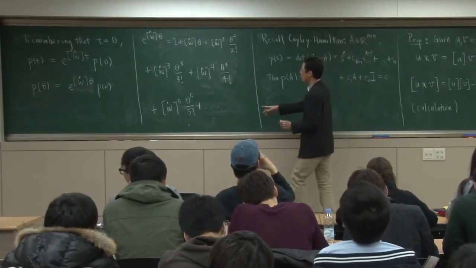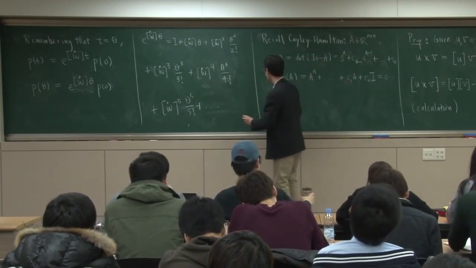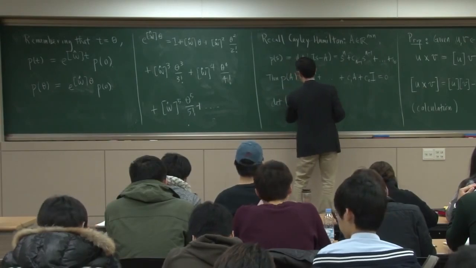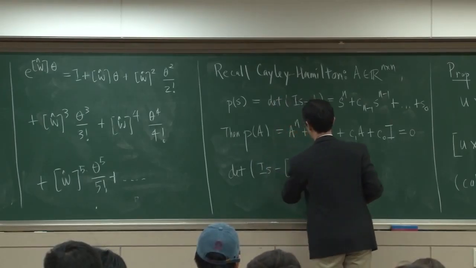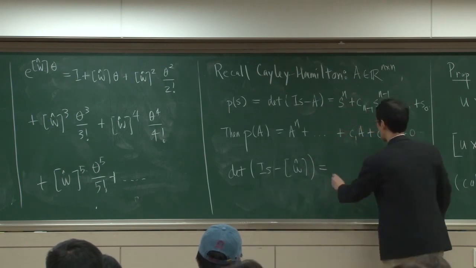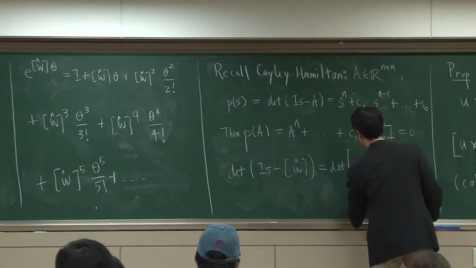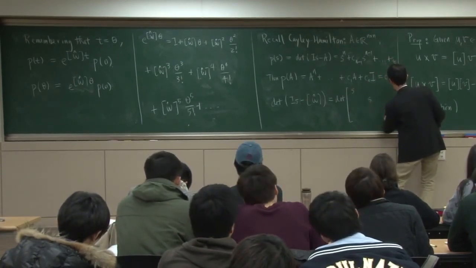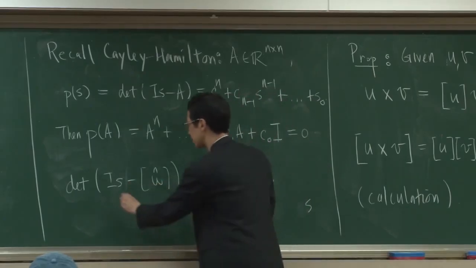All right, so now let's find the characteristic polynomial for this. Determinant of sI minus omega hat. This is going to look like the determinant of, let's see, we have s's on the diagonal, I times s.